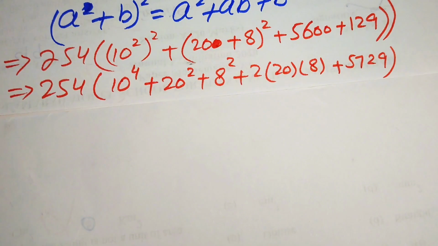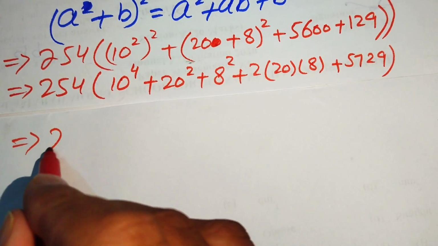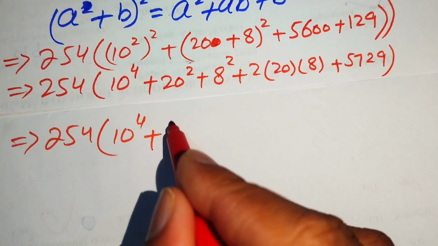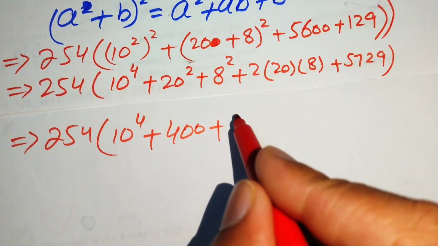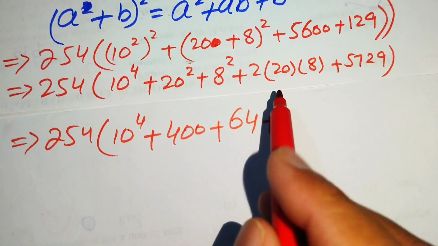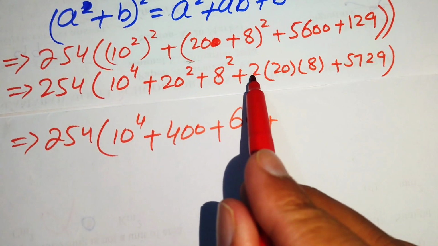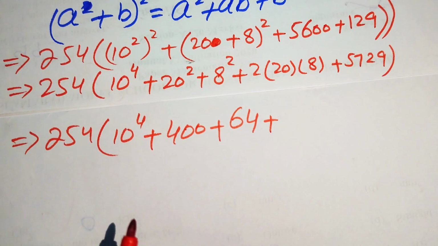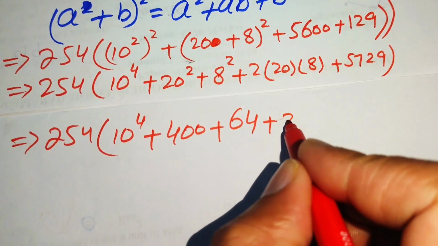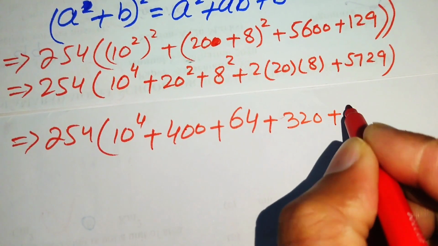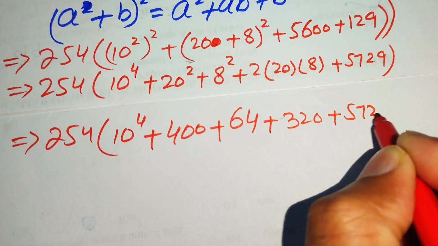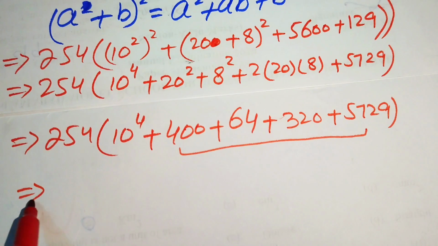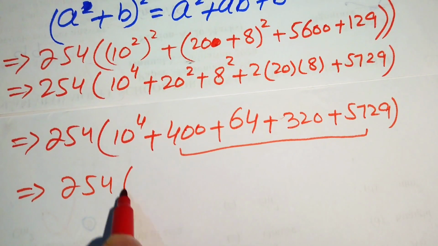So now here again we need some simplification, and we write it as 254 into 10 to the power of 4, plus we know that 20 squared equals 400, plus 8 squared equals 64, plus when we multiply 20 times 2 it becomes 40, and 40 times 8 is equal to 320, and plus we have 5729.